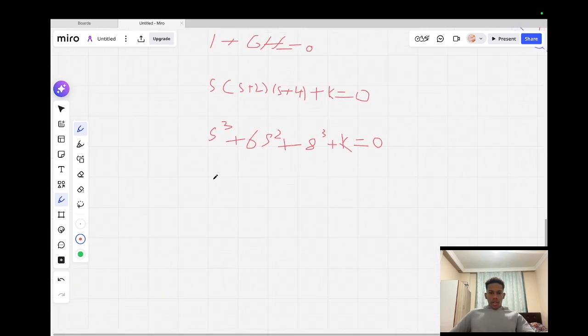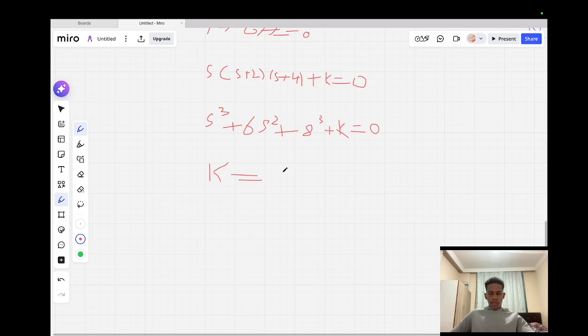And we need to define k equal to minus (s cubed plus 6s squared plus 8s).